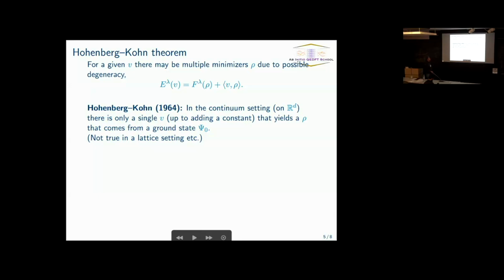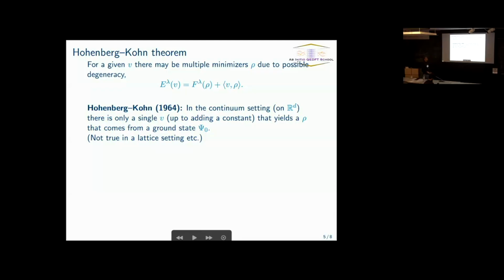So the interesting thing is, this is always given as the basic theorem of DFT because it allows you to go from densities, if you have a given density that comes from a ground state, back to the potential in principle. So that's why this is always formulated at the beginning.